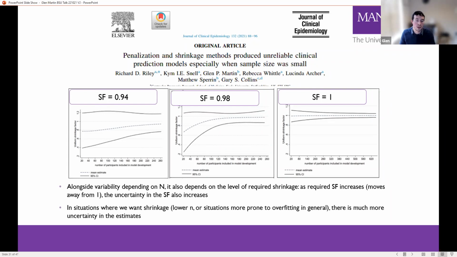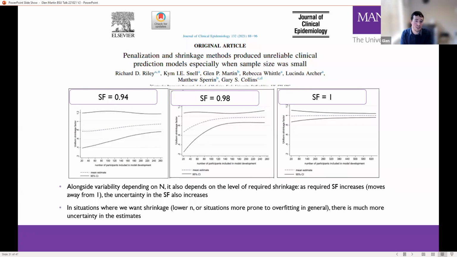So one case where there was quite a large required shrinkage, all the way through to a case where there was no required shrinkage, so a shrinkage factor of 1 on the right-hand side here. And we also, on the x-axis of these figures, varied the number of participants used to derive the model.